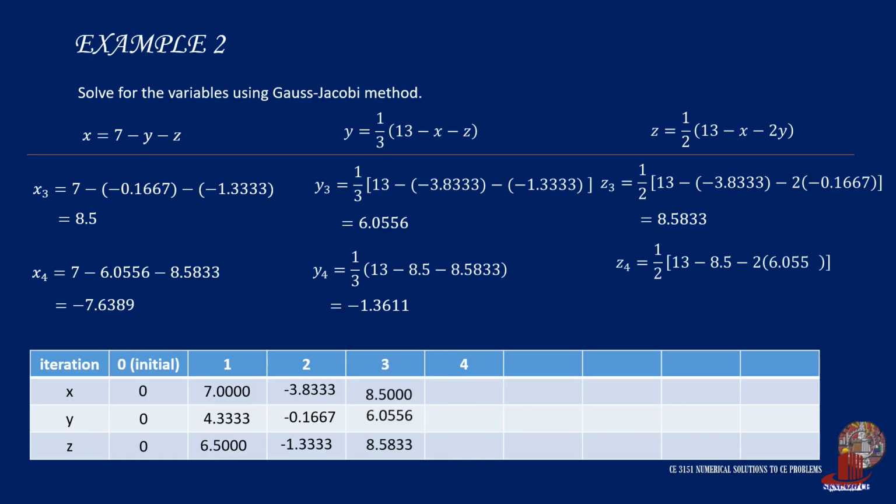And z sub 4 is 1/2 times 13 minus 8.5 minus twice of 6.0556, giving negative 3.8056. Now we can conclude that the values for the system of equations are divergent, and we cannot have a single value for each variable using the iteration method.